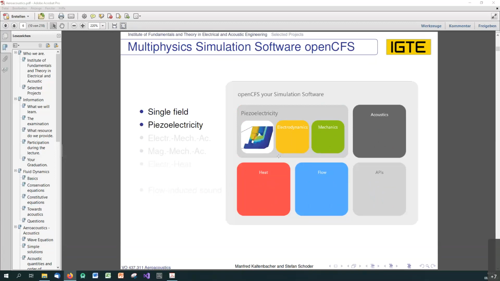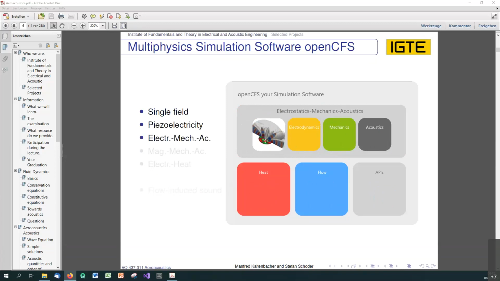We can also couple specific fields, like we can do piezoelectrical computations, as I said before, with the injection valve. Then we are also capable of coupling electrostatics, mechanics and acoustics. For instance, we did projects on MEMS loudspeakers where we simulated them, and there we also incorporated the piezoelectricity.